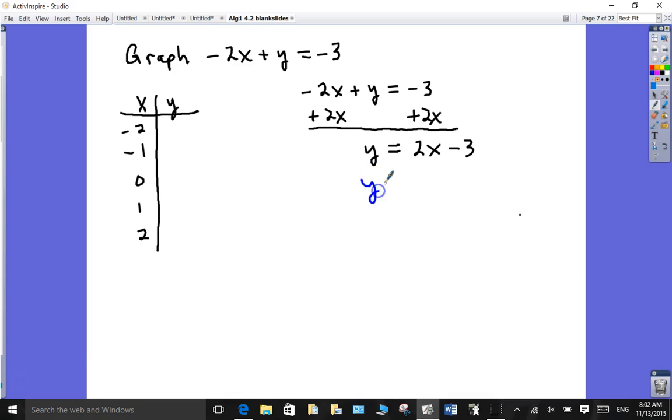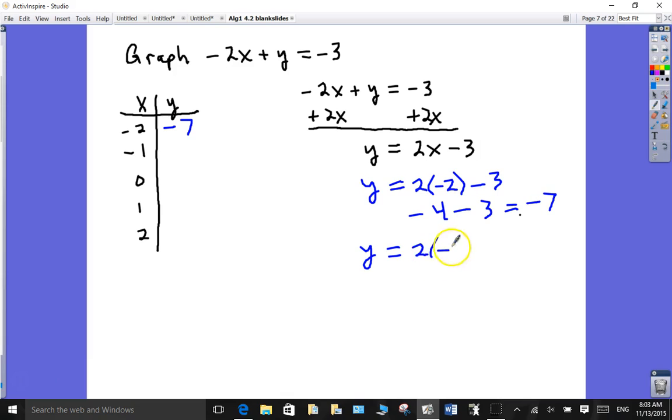So now I can plug in. y equals 2 times negative 2 minus 3, negative 4 minus 3, negative 7. Y equals 2 times negative 1 minus 3, negative 2 minus 3, negative 5.